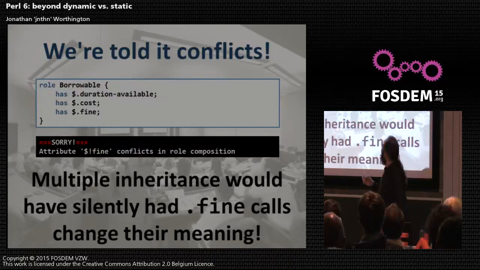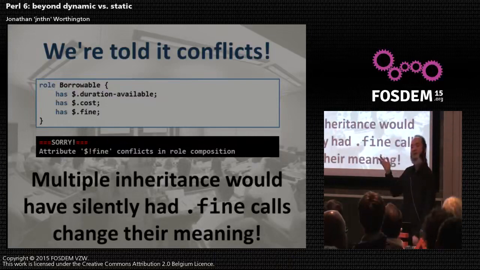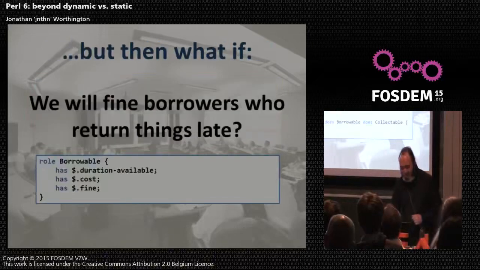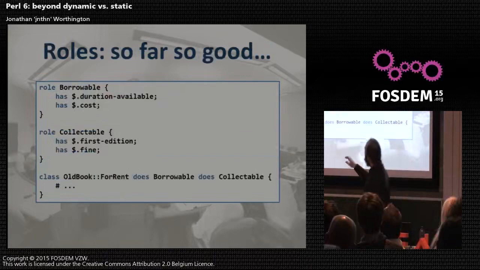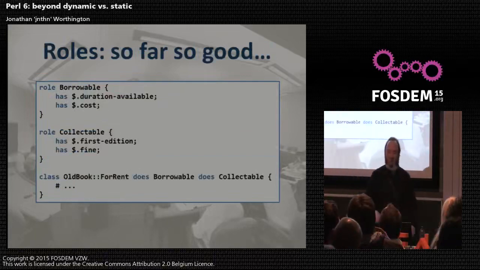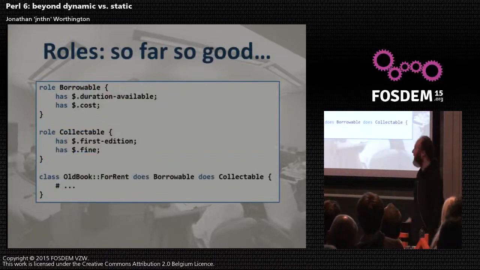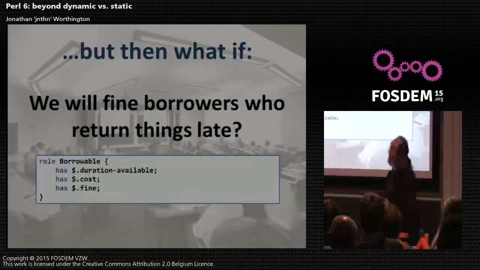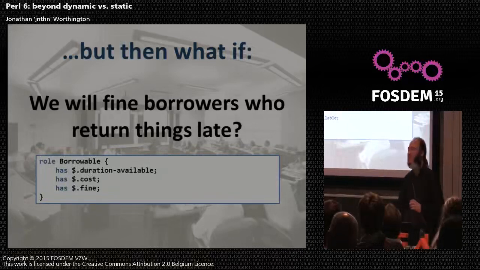But if we'd done this with, say, multiple inheritance, what would have happened? Well, no error. Because it just turned out that, completely arbitrarily, I thought of borrowable before collectible, I would just have got the new behavior I put in there, overriding the original one I had, no warning. No heads up, system goes off into production, weird things happen.